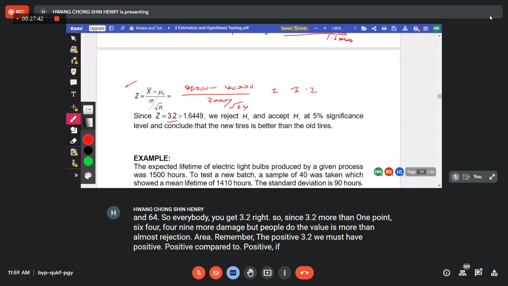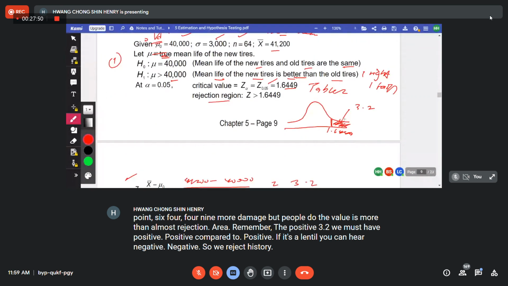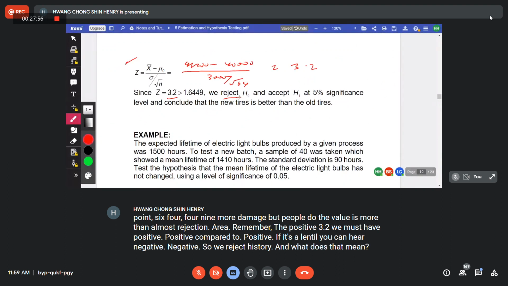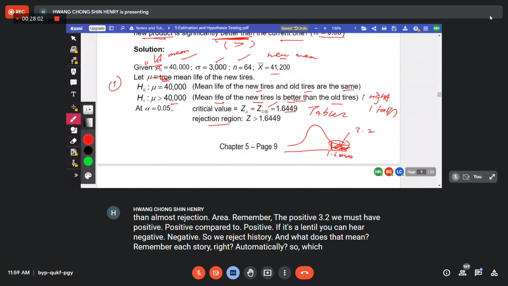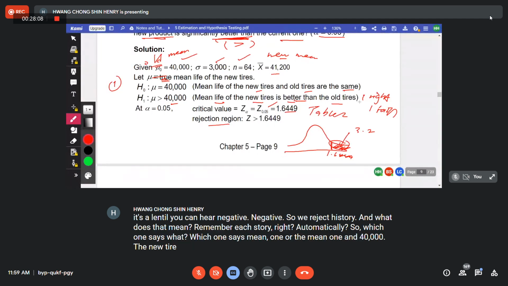If it's a left tail, you get negative compared to negative. So we reject H0. Remember this side is rejection, H0. And what does that mean? Remember, H0 rejected, H1 will be correct, automatically. So H1 says what? H1 says mu more than 40,000, the new tire is better than the old tire.